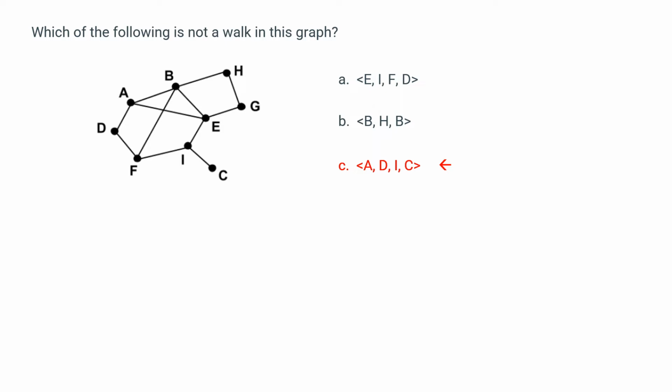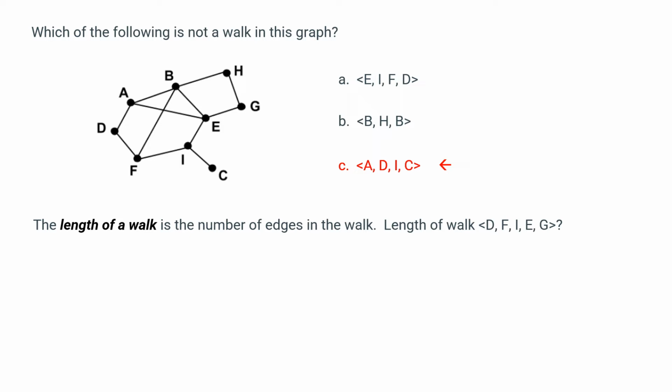B to H to B. There's an edge between B and H. That's fine. But what about A, D, I, C? I could go from A to D, but I can't go from D to I. There's not an edge between D and I. So that is not a walk.